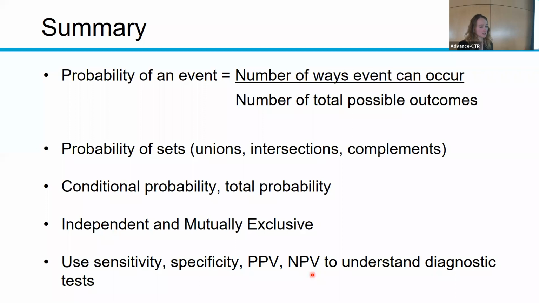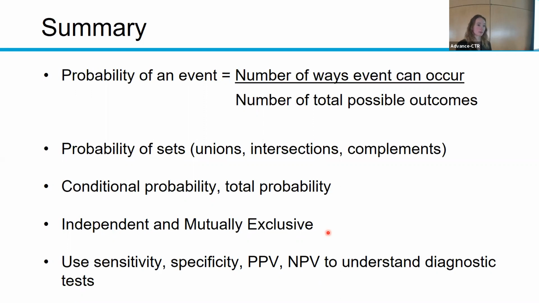Okay, so in summary, we went over how to calculate the probability of an event very simply, which is just the ways that an event can occur out of the total number of possible outcomes. We went over some set theory and set notation with unions, intersections, and complements, and then also how to calculate the probability of those things.